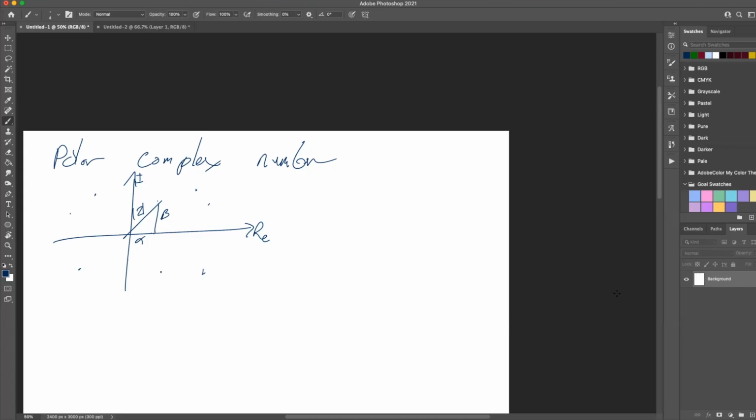Have you guys seen this before? Vaguely? Okay, so some people have at least seen this before. Therefore, the magnitude of z is just the square root of alpha squared plus beta squared. Okay, that's pretty simple.